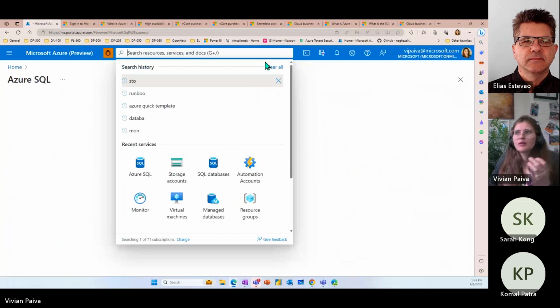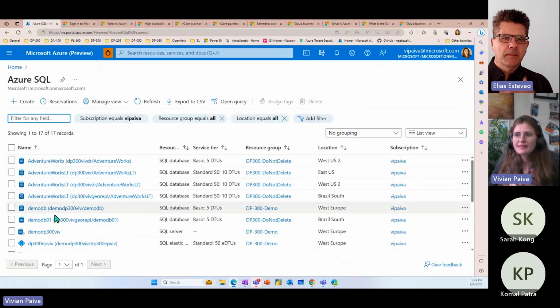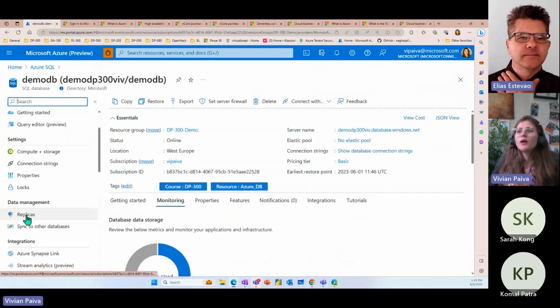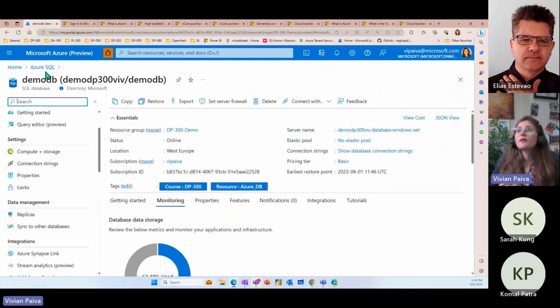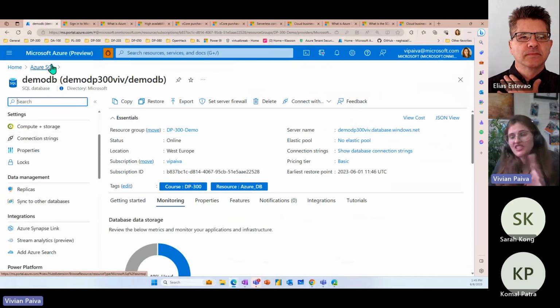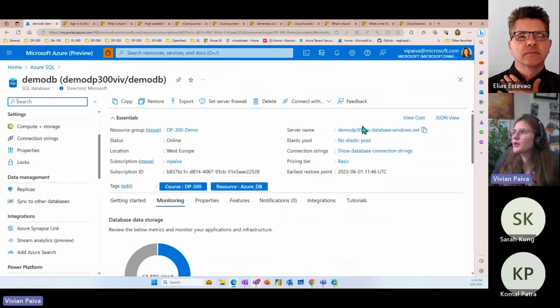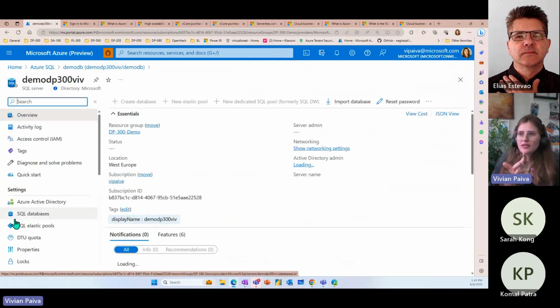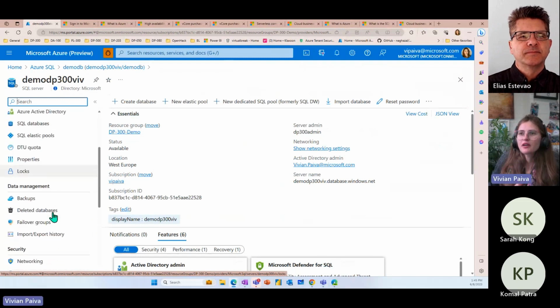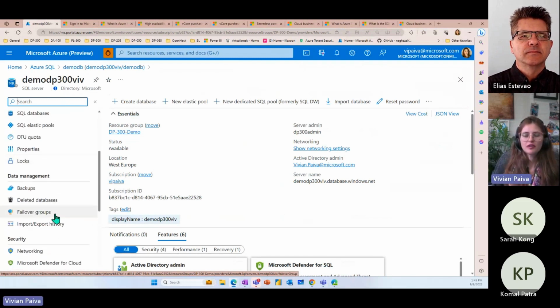What you can do is configure what we call replicas at database level and do failovers. Or if we are talking about Azure SQL Managed Instance, and Azure SQL Database, if we go to the logical server or database server, we also could configure something that we call failover groups.